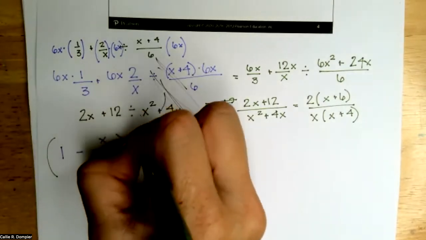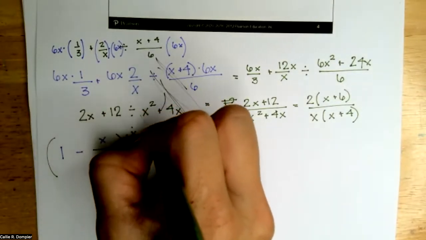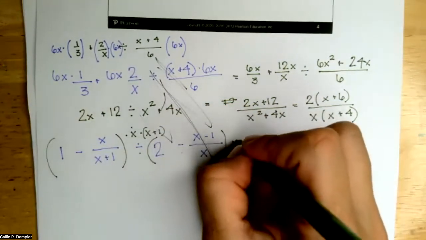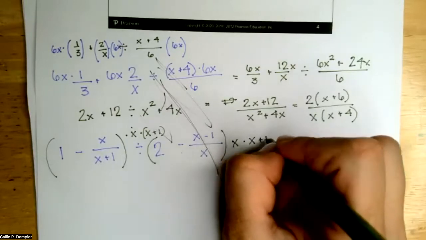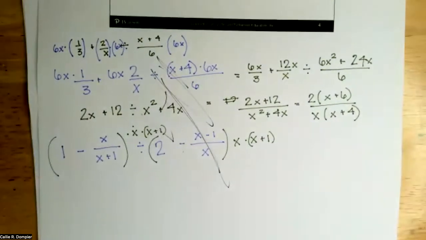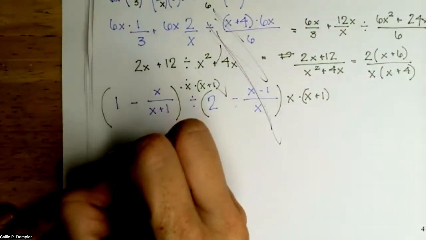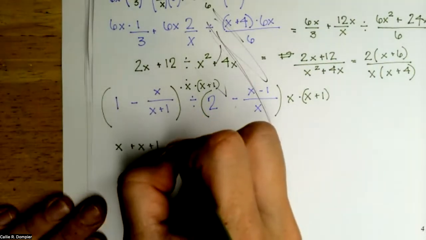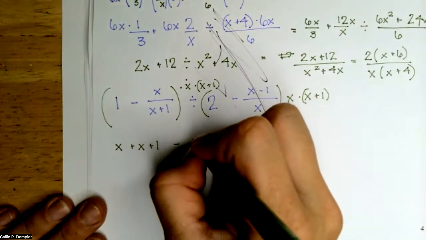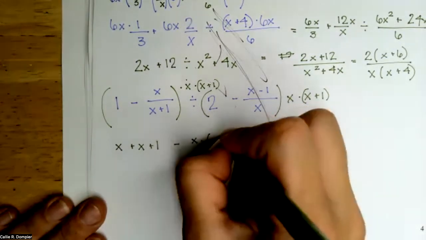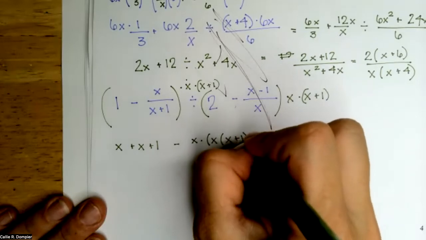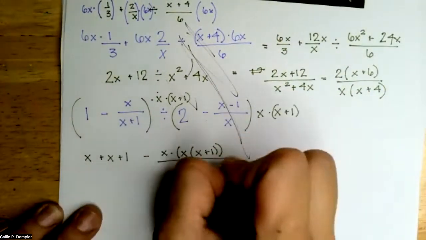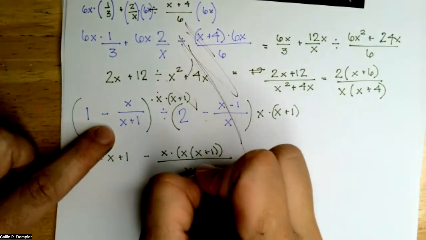So we're multiplying everything by x times x plus 1. Multiplying everything over here by x times x plus 1. So that's now 1 times x plus 1 minus x times x plus 1, over x plus 1, right?